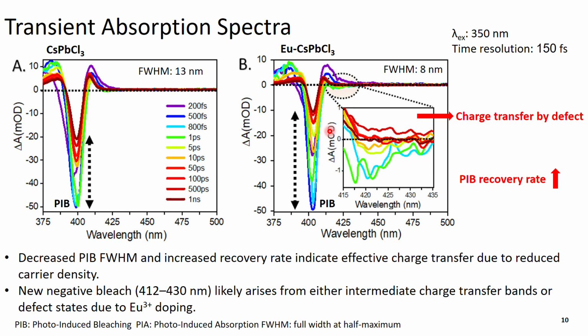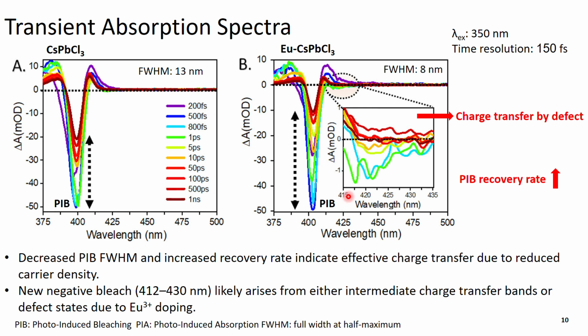And by these two reasons, we can say that there is a charge transfer between the perovskite nanocrystal and the europium ion, because the carrier density in the nanocrystal is reduced after we dope the europium ions.